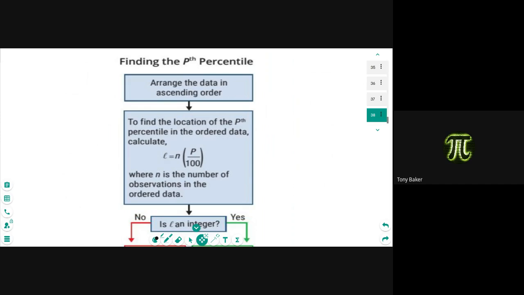For example, if I had 500 people, so n is 500, and I'm looking for the 30th percentile, I would do 500 times 30 divided by 100.